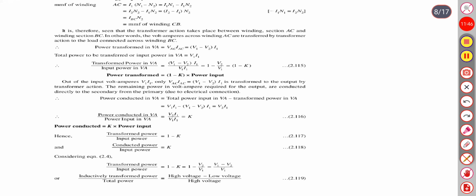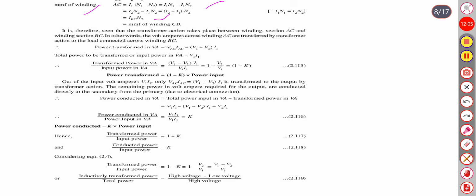Now the MMF of the winding AC equals I1 into N1 minus N2, and it will be equal to IBC into N2, the MMF of the winding CB.